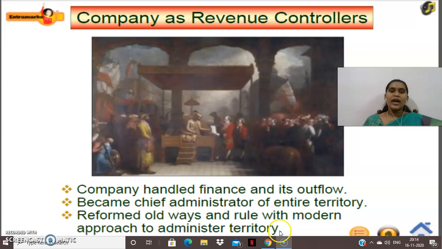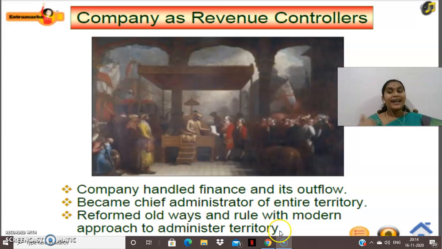So here also, what happened? They became the Diwan of Bengal, and they were the Nawabs. They got the power to administer and organize the revenue resources within that territory. That means they had to collect the revenue and organize the revenue resources.